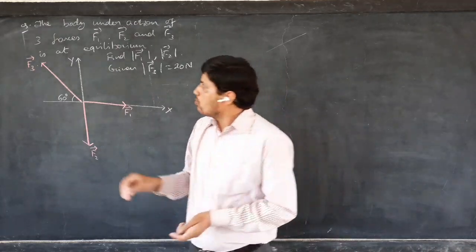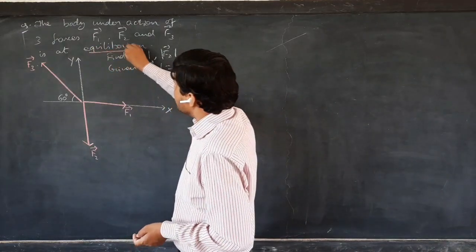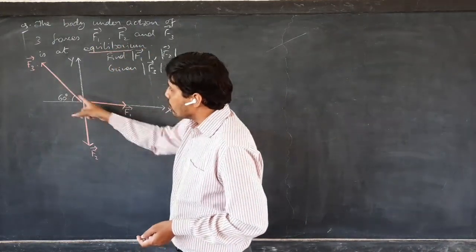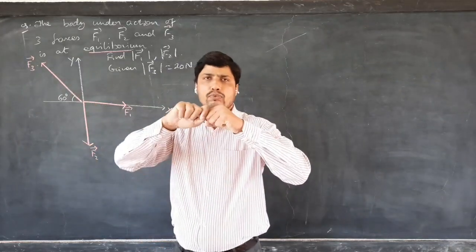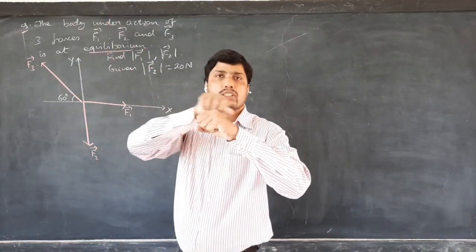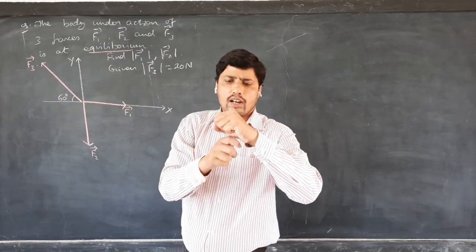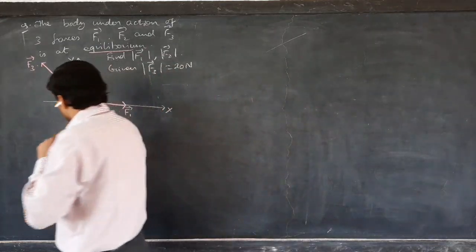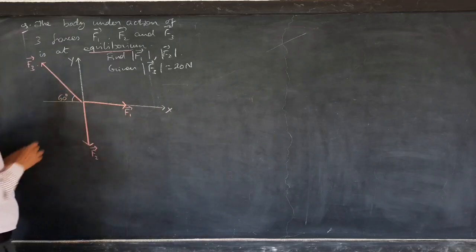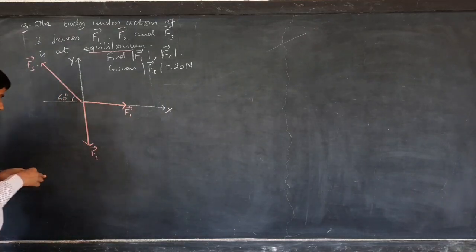Now this term might be new, but I told you its meaning. If it is given that the body on which these three forces are acting, so there is a body, one force is acting tilted like so, one force is acting in this direction, and one force is downward. So these three forces must add up to zero.